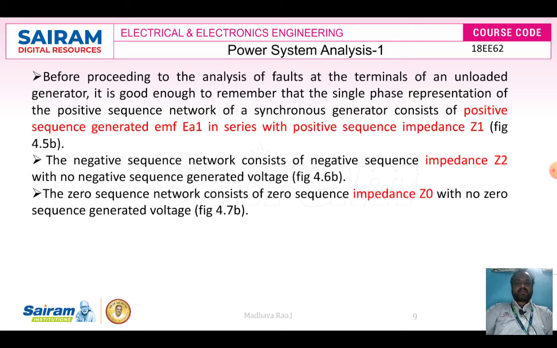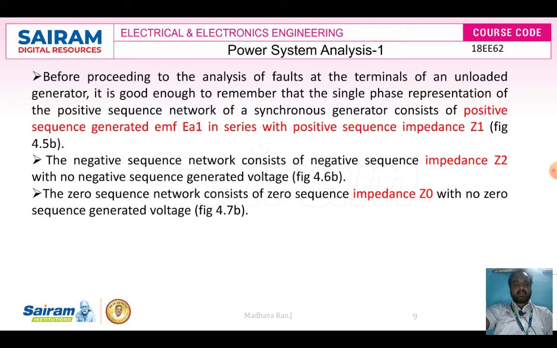Before proceeding to the analysis of fault at the terminals of an unloaded generator, it is good to remember the single phase representation of the positive sequence network of a synchronous generator.